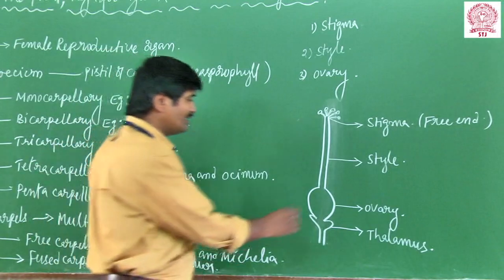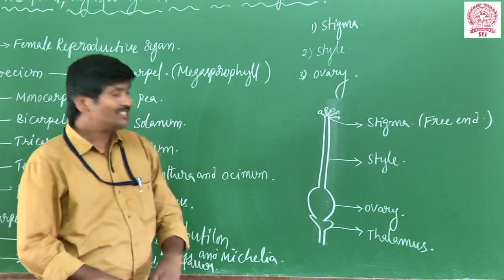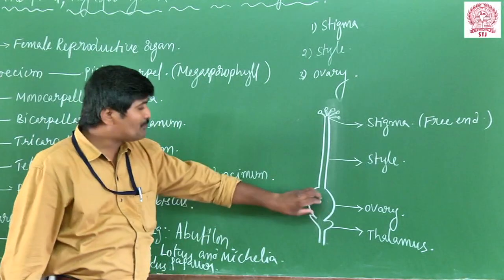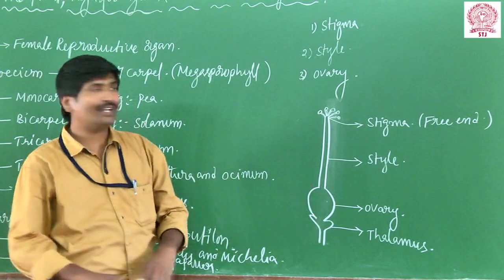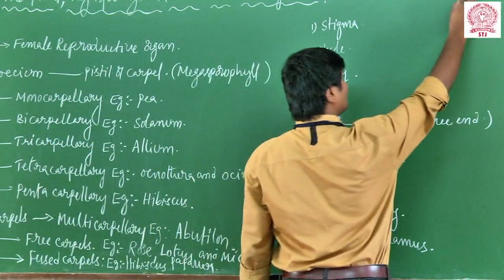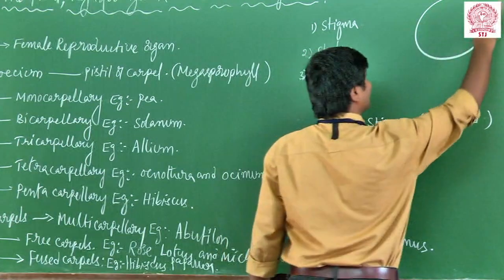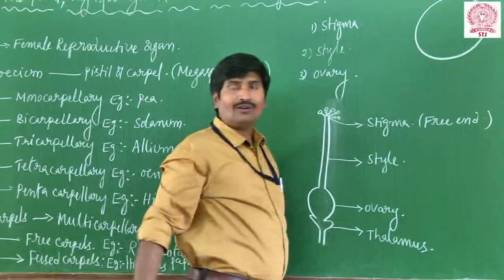Next one, this ovary. The ovarian cavities are present inside the ovary. For example, this is the TS of the ovary.